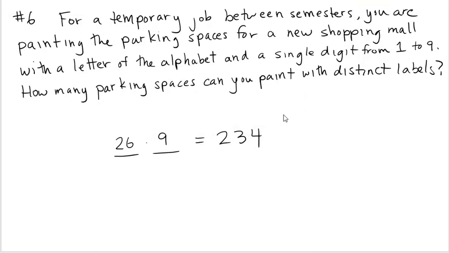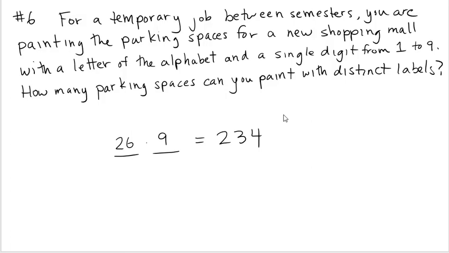So this probably isn't something that will ever come up in your life, but the idea you can imagine is something that's useful in the real world. Suppose you're trying to come up with a system for enumerating parking spaces or spots like cubicles at a job or something like that, and you're trying to come up with a coding system. And if the options that you have are smaller than the coding system that you're using, that's fine.